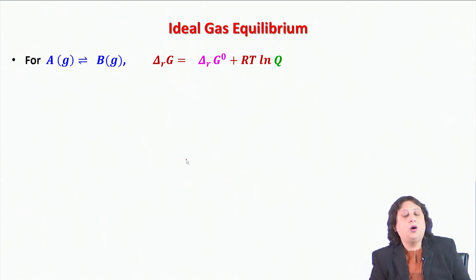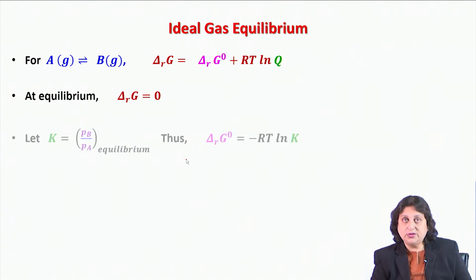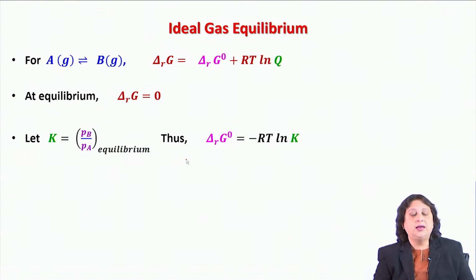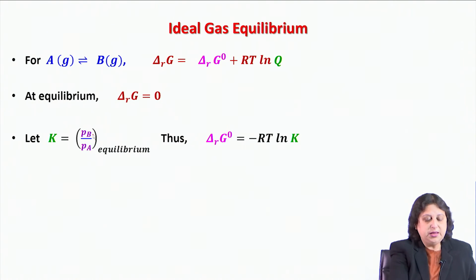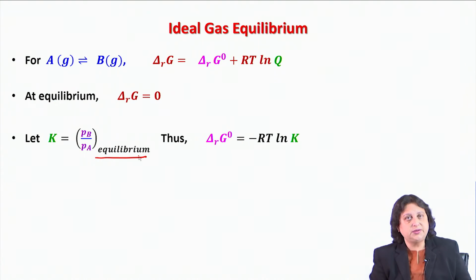Therefore, now I am going to show that at equilibrium, I know that delta Rg is equal to 0. And if that is so, I can say that, okay, let K be equal to Pb by Pa, that is a function of the composition of the equilibrium mixture.